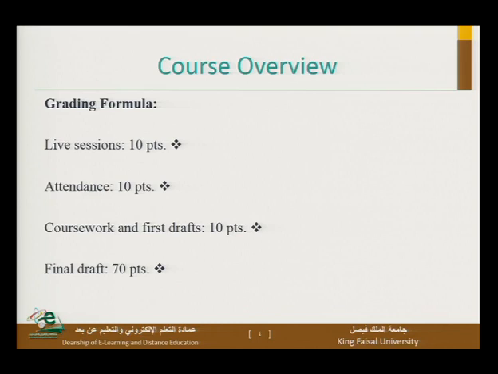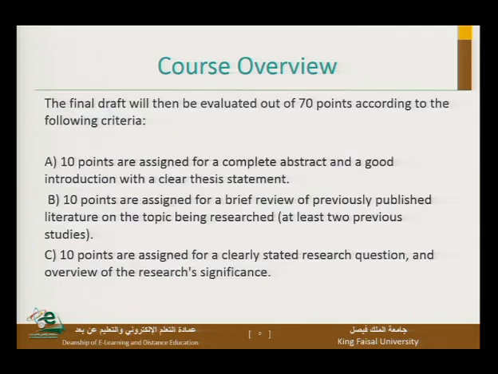So if you submit your work on time, i.e. thesis statement on time, first draft on time, and the final draft on time, you will get 10 points. Otherwise, you will lose points because of any delay. The final draft will take 70 points. The final draft will be evaluated out of 70 according to the following criteria.